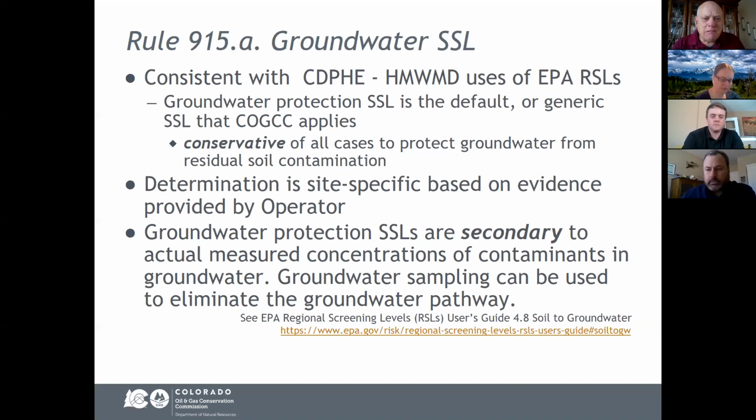And so you could potentially at that point use the residential soil screening levels as your cleanup standards. And I should say, one or the other standard is always going to apply. So if there's not a pathway to groundwater, you're always going to end up still having to clean up to the concentrations in the residential screening level column. Next slide, please, Hannah.